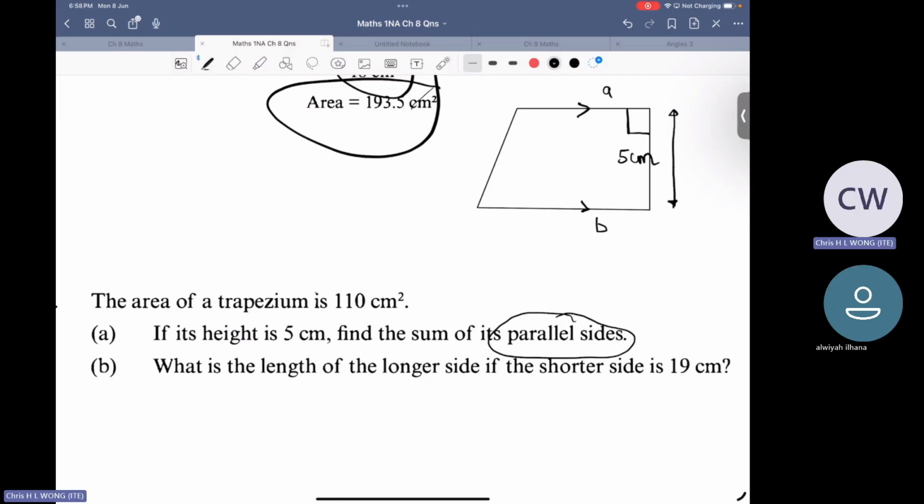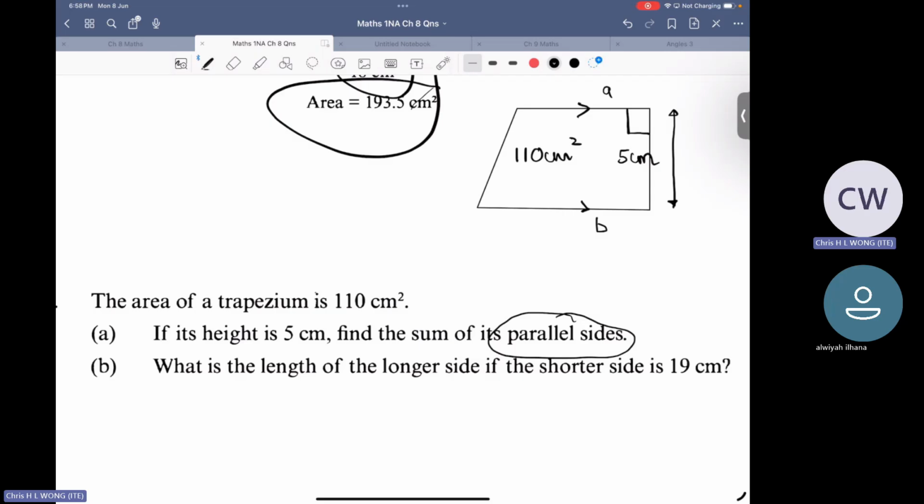I have also given you the area, 110. This is the total area, so I'm going to put 110 centimeter square inside. Now let's see what they want.